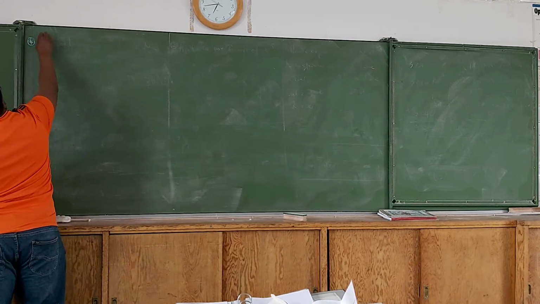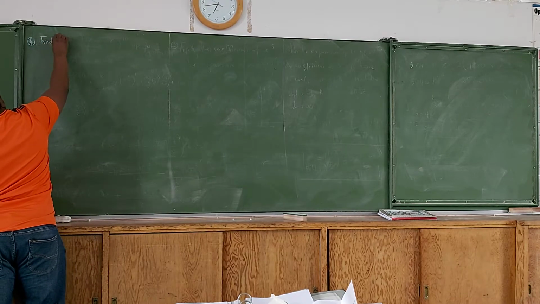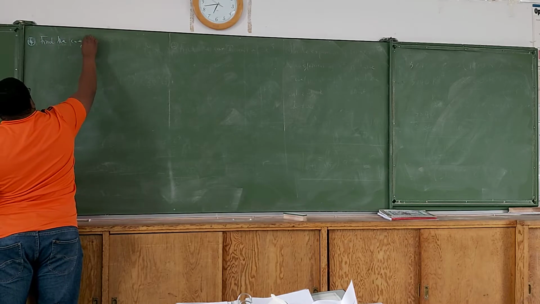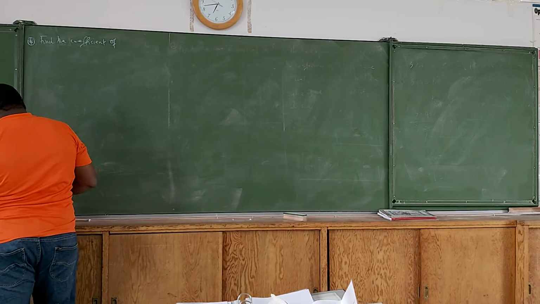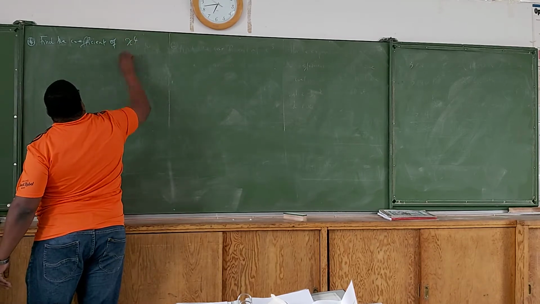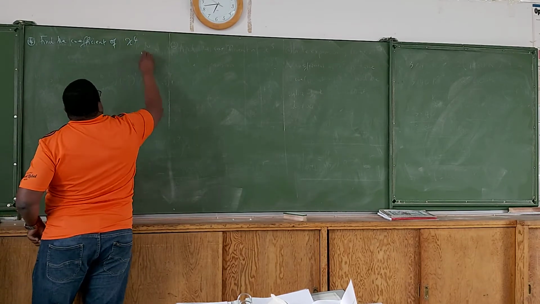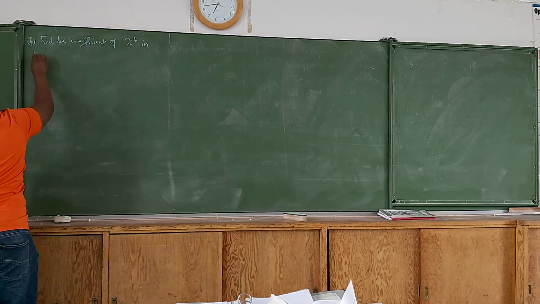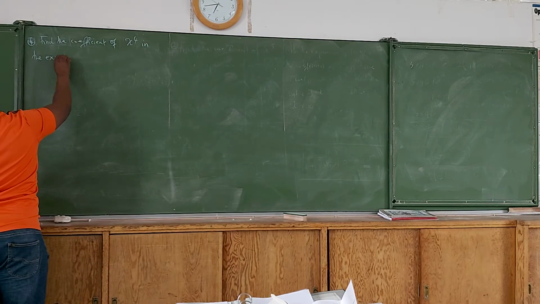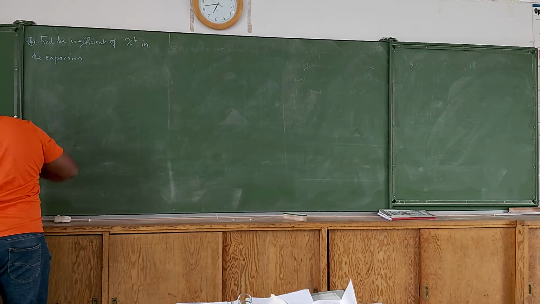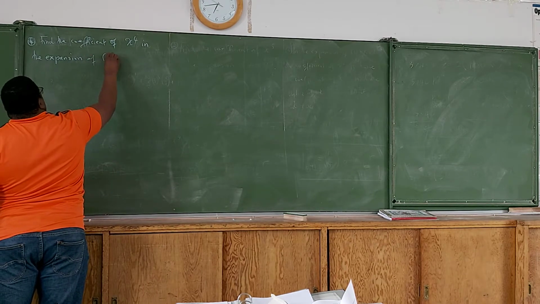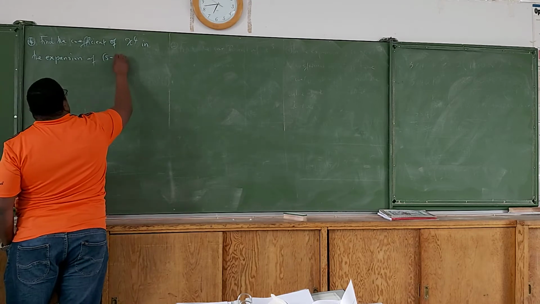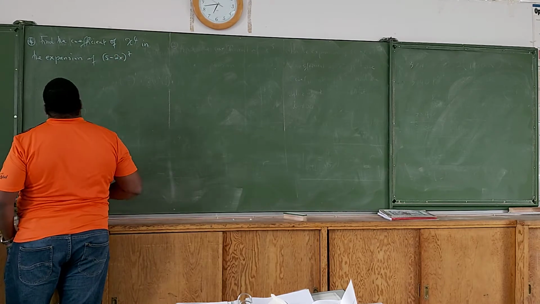Find the coefficient of x raised to the 4th in the expansion of (5 minus 2x) all raised to the power of 7.